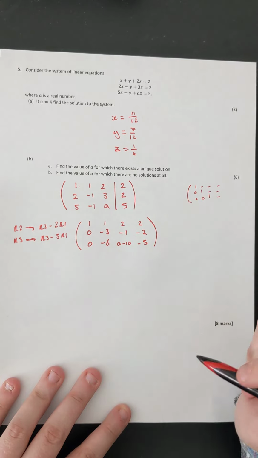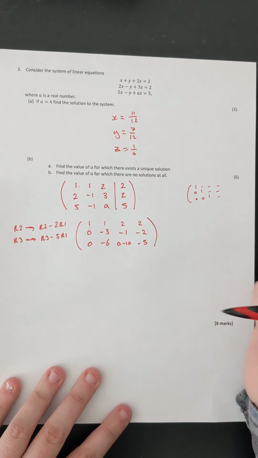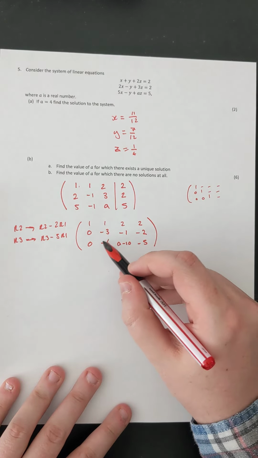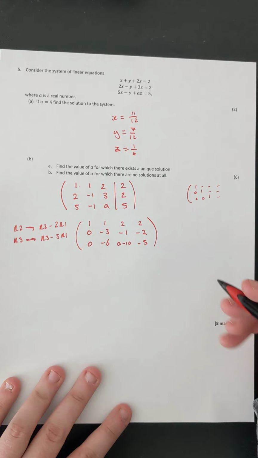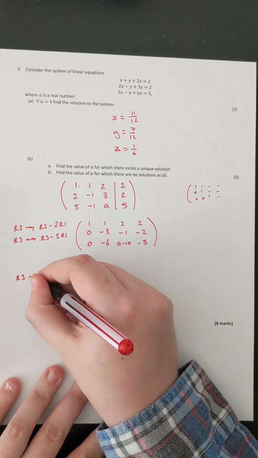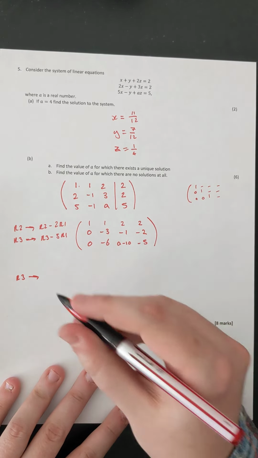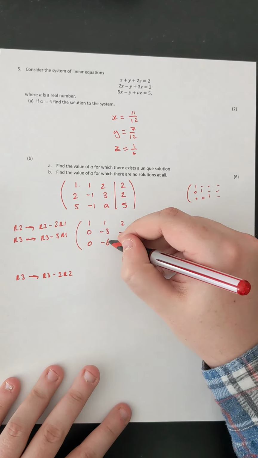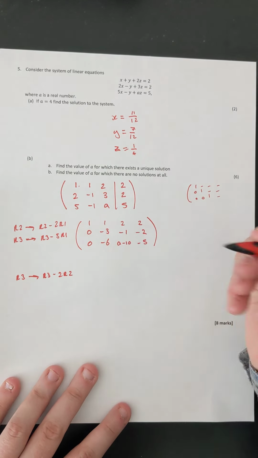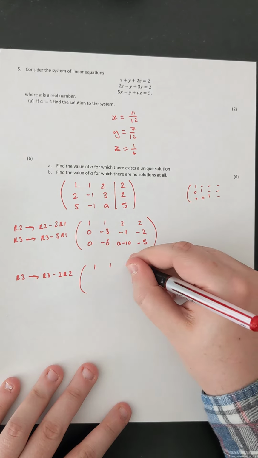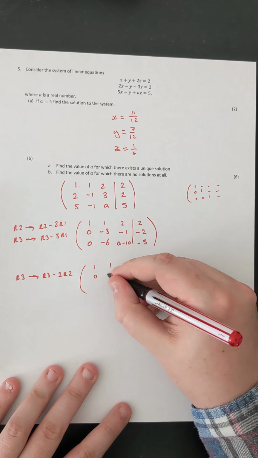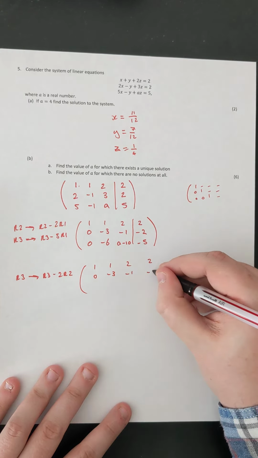Now I'm noting some things here already about how exactly this is set up, but my next aim is just to make this negative 6 into a 0. So I'm going to rewrite row 3 as row 3 subtract 2 times row 2. So I have negative 6 subtract negative 6, which is just 0. So 1, 1, 2, 2, 0, I should put my line there really, negative 3, negative 1, negative 2.